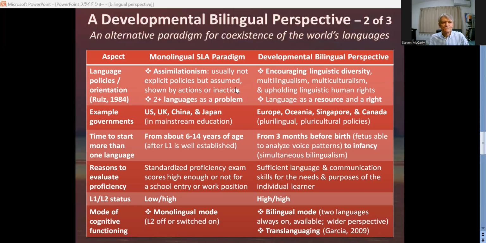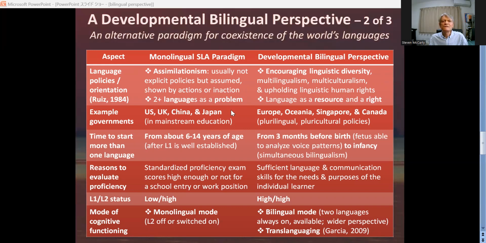And so in the orientation dimension by Ruiz, you can consider languages as a problem, a resource, or a right. So in the monolingual approach, two or more languages are considered a problem, problematical. And so the other languages may not be valued. But in the bilingual approach, language is considered a resource, for the country, for the individual, and a human right.